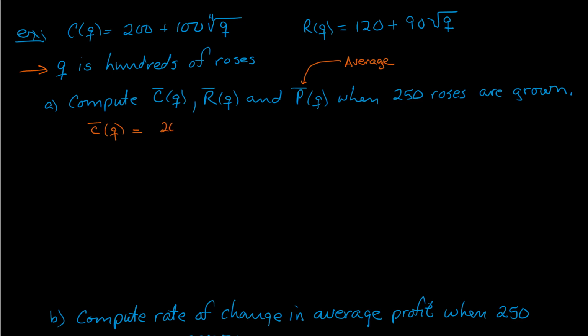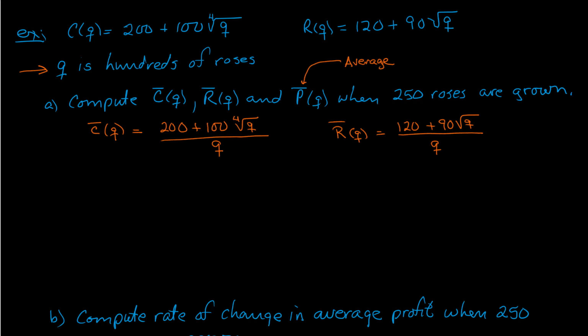We're just going to take whatever the cost is, 200 plus 100 times the 4th root of Q, and you just divide the whole thing by Q. That's all there is to getting average cost. Average revenue, play the same game. All we're going to do is take our revenue function, 120 plus 90 times the square root of Q, and you divide by Q, and you're done.